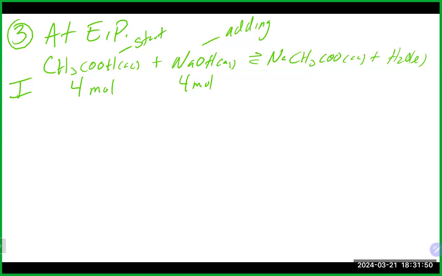There are a few different ways you could figure it out as well. At this point, I probably know the molarity of the sodium hydroxide. And if I didn't know anything else, I know it should be equal moles. So I know the molarity and the moles, which means I could just use the definition of molarity and figure out the volume that I would need to reach the equivalence point.